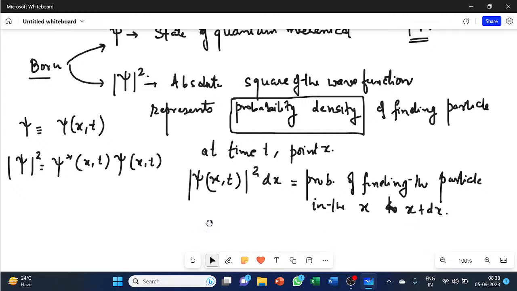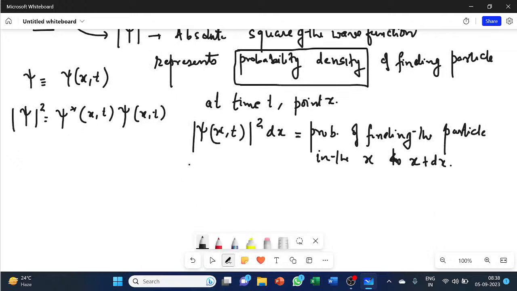Similarly, if I want to write these things for momentum space, I'm going to write it as mod psi of p comma t whole square, and 1 upon 2 pi comes because of the Fourier transform. This particular dp, even if you don't write it, there would be no issues, but I'm just writing it for the sake of explaining that I have taken a Fourier transform.